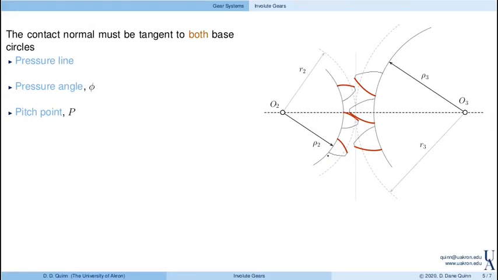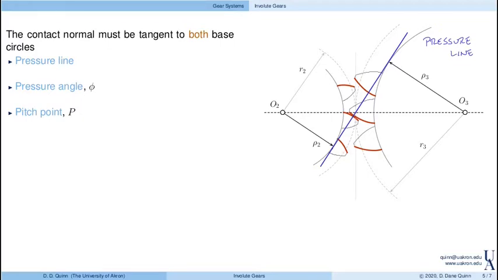As a result, the only location where we can have contact must be along this line, because this is the line where the direction is tangent to both the base circle of gear 2 and the base circle of gear 3. That's known as the pressure line. All the contact occurs on this line of action.